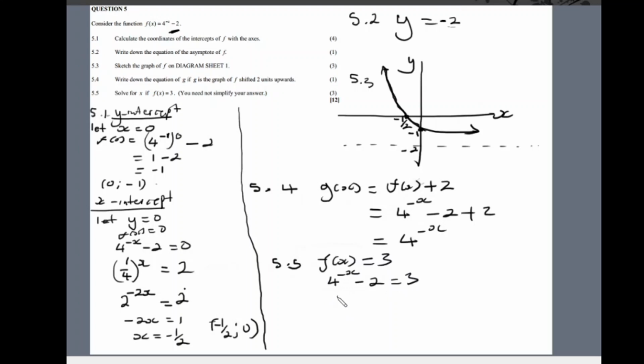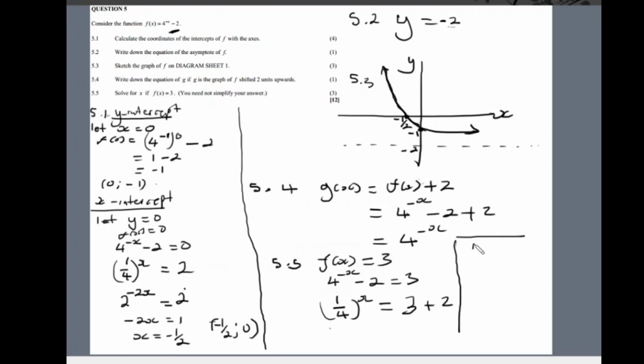Then I will change this 4 to the minus x as 1/4 to the power x, and I will take minus 2 to the other side. I will have 3 plus 2. I think I'm running out of space.